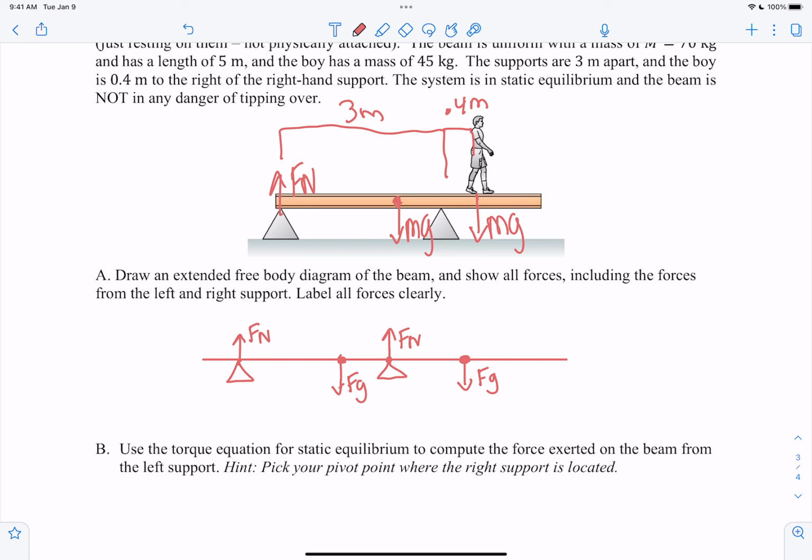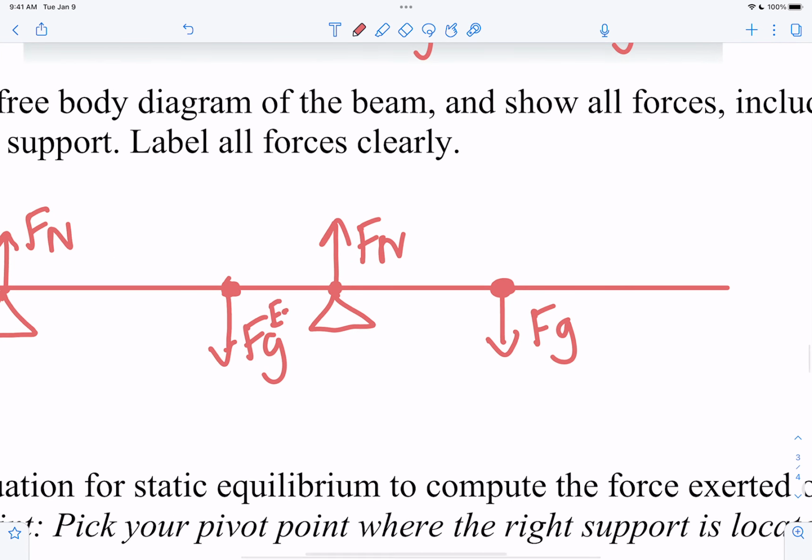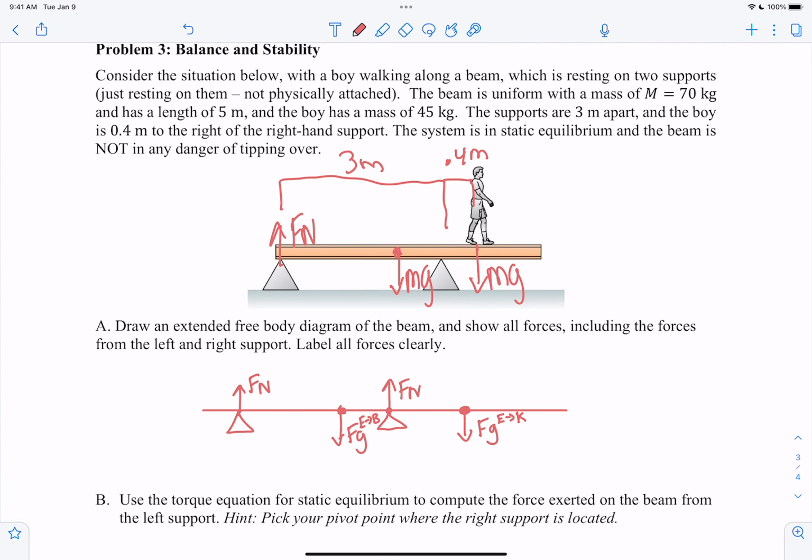I would give superscripts here to say Earth on beam and Earth on kid.